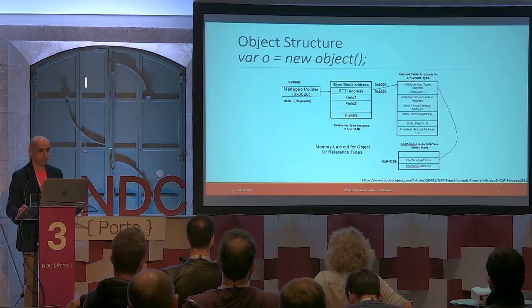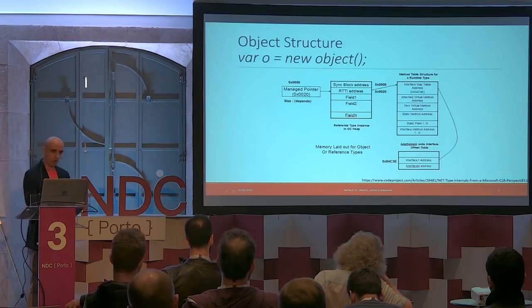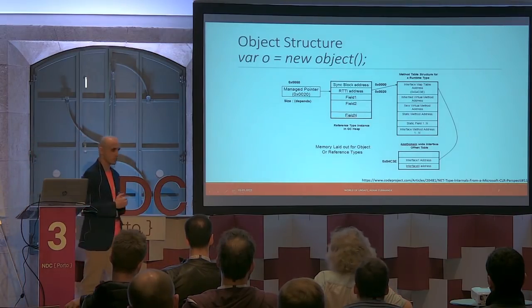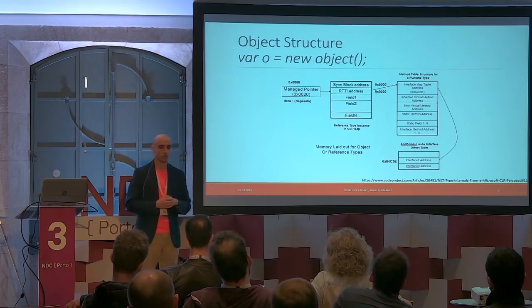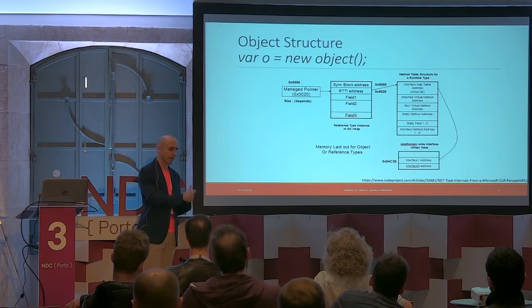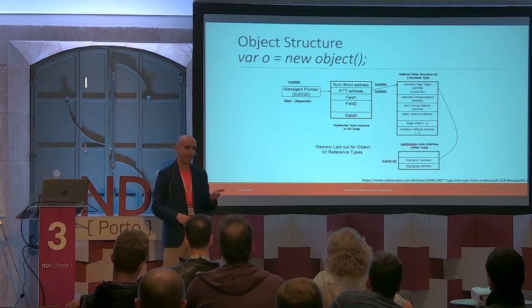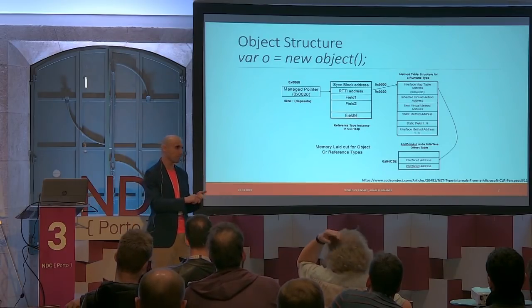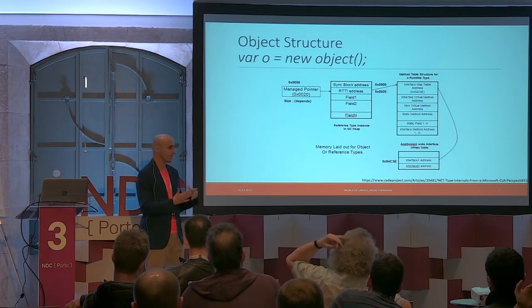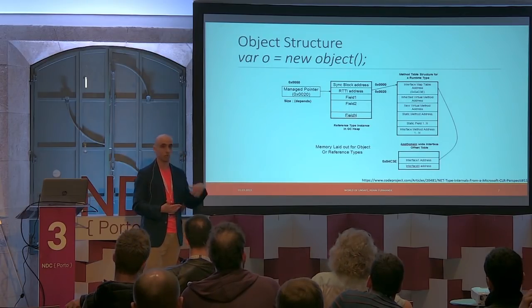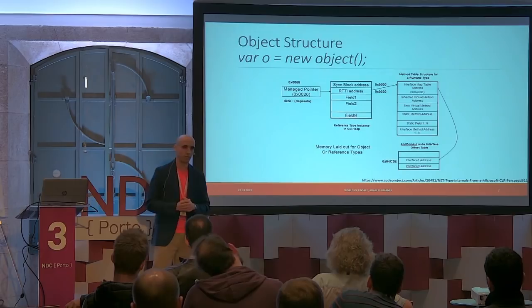This is the sync block address, which is one integer just before the RTTI of the object, just before the type of the object. This is used to store details about, like, hash code or locking mechanisms or some metadata of the object if they are pre-computed, or if this data is too big, it's just an address pointer to some other metadata associated with this object.